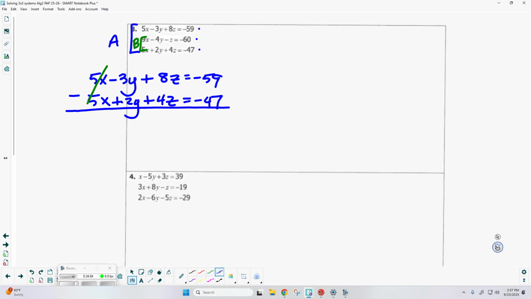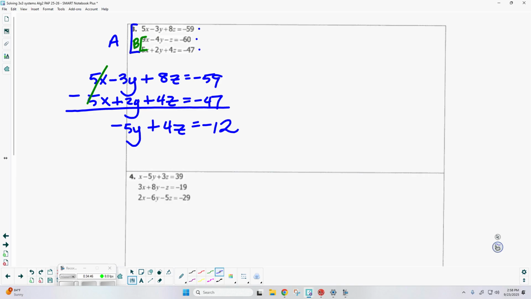So now we've got -3y minus 2y, that's -5y. Now 8z minus 4z, so that's 4z. Now, -59, remember we're subtracting a negative, so it goes positive. -59 plus 47 is going to equal -12. So there's my first equation. Everybody's okay?